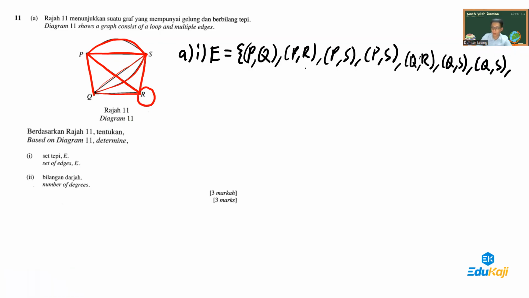So RR, RS, RR, RS. Yeah, that's the set with all the edges.